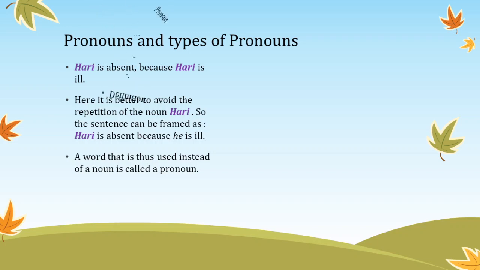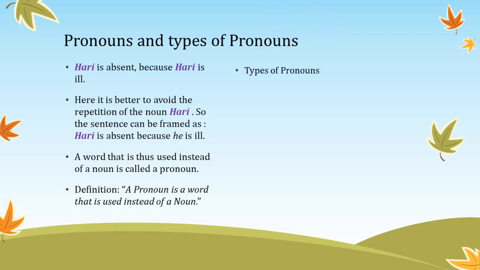Very good. Now coming to the proper definition, a pronoun is a word that is used instead of a noun. There are some types of pronouns, like we had in nouns, same we have in pronouns as well. Now what is the first type in pronoun? Personal pronoun. Second, reflexive pronoun.